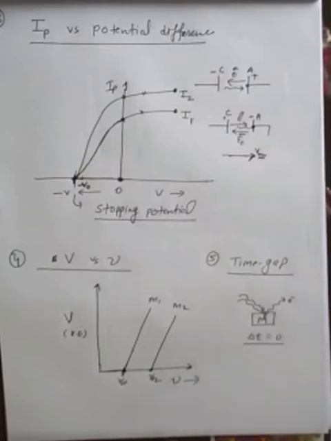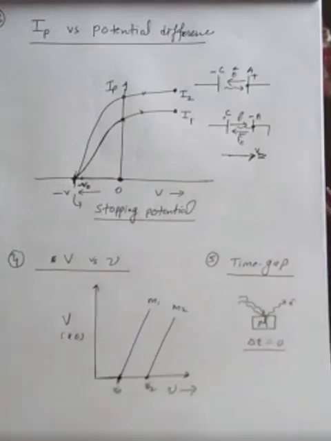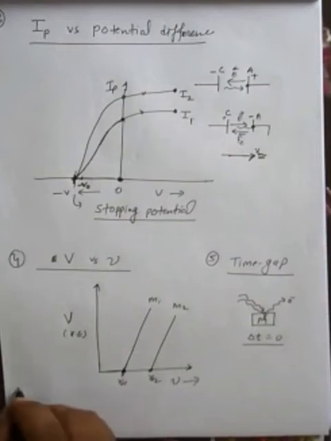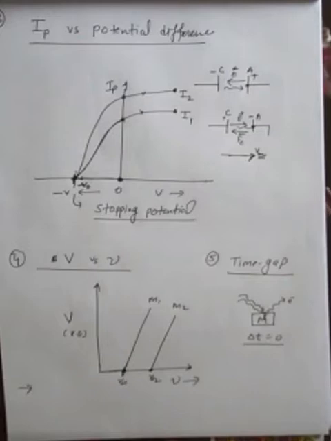So these were the main experimental observations, the main results of the photoelectric experiments. But now the question is: is there any theory to understand these results, or can the concepts of classical physics help to understand them?